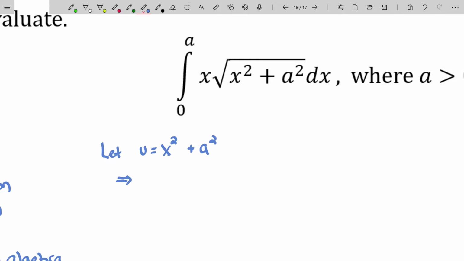Well, that requires us to take the differential of u. du is equal to the derivative of the right hand side. Remember, a is just a constant, so it's just going to be 2x, and then times the differential of the variable on the right hand side, dx. And the question is, do we have a dx times an x within our integrand? And we do. dx times an x right there. So I'll go ahead and isolate that.